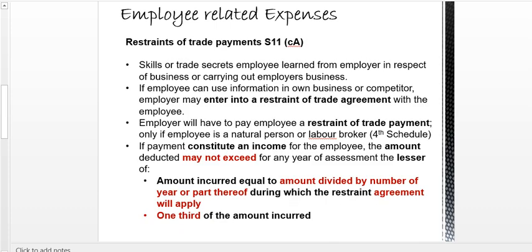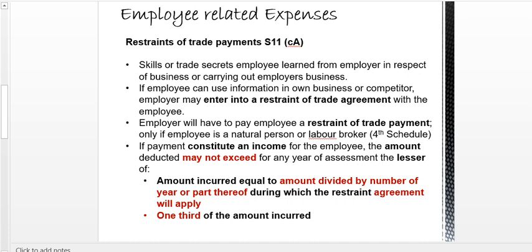Okay, restraint of trade payments, Section 11CA. So again, that's what we dealt with earlier. You've got this company or this employer, and any skills or trade secrets an employee learned from an employer in respect of the carrying on of the business. So that's some intellectual property or important information he learned during his tenure working under this employer.